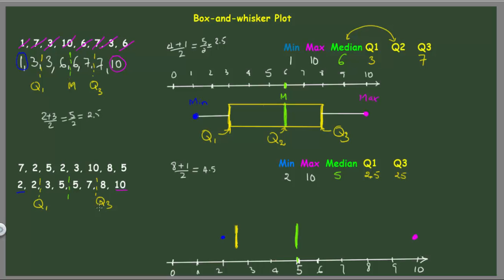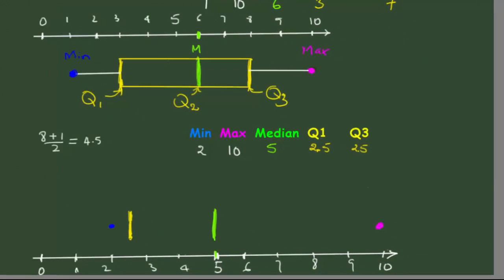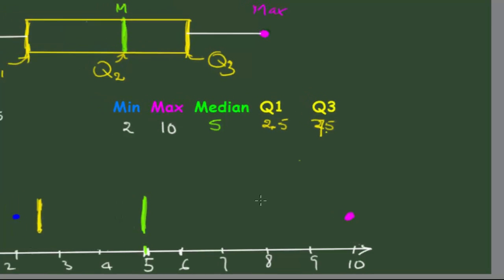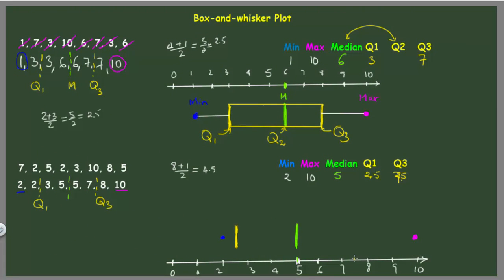What did I say? Sorry, I mean the distance is 2.5, of course, but it is 7.5. Okay, right here. The distance in between these two numbers is 2.5 this way, 2.5 that way. All right, 7.5 right here.